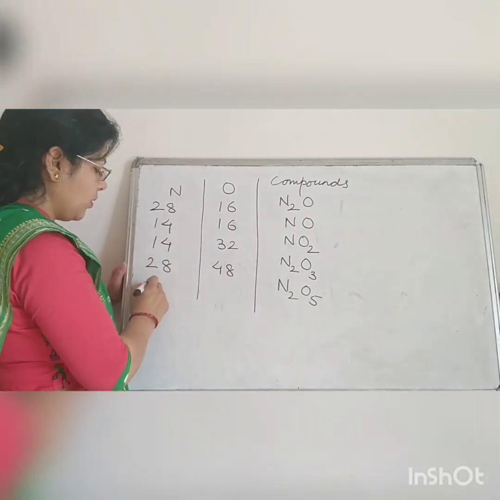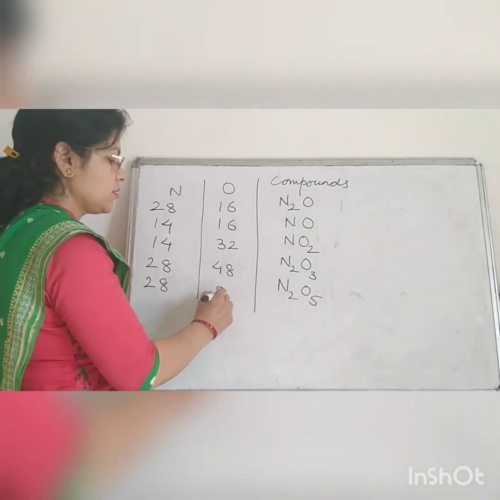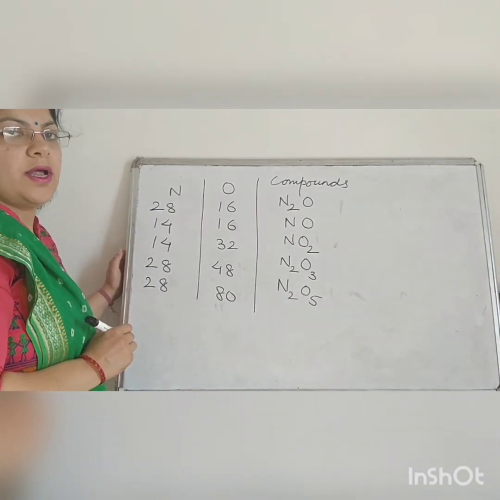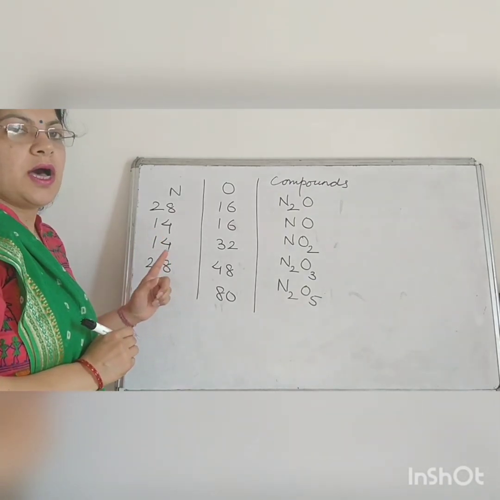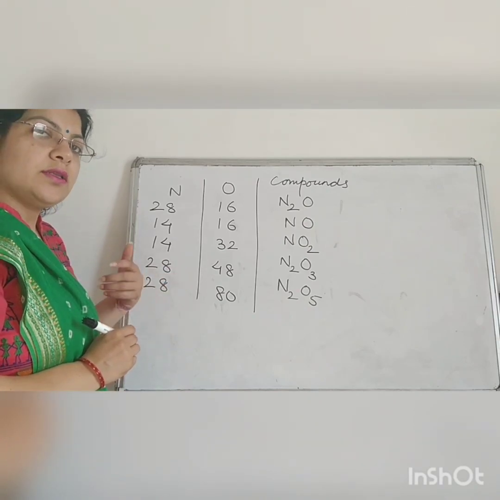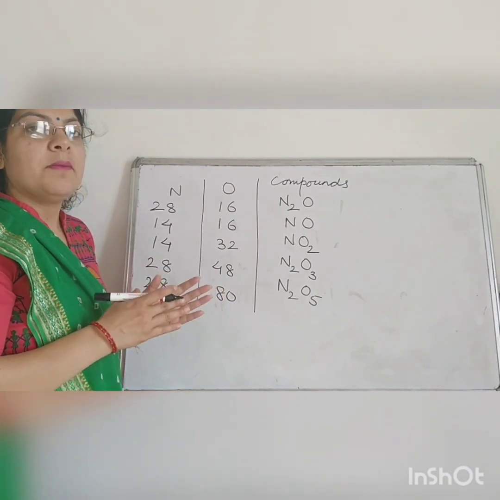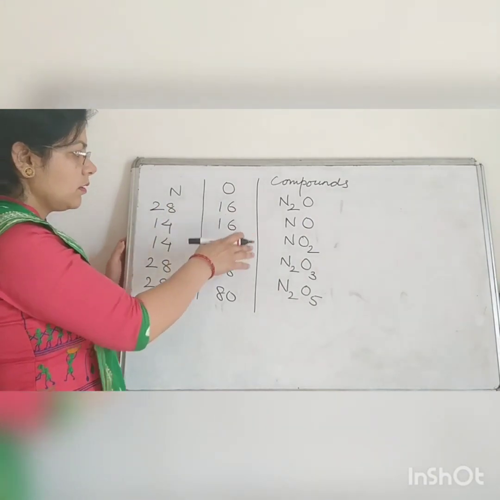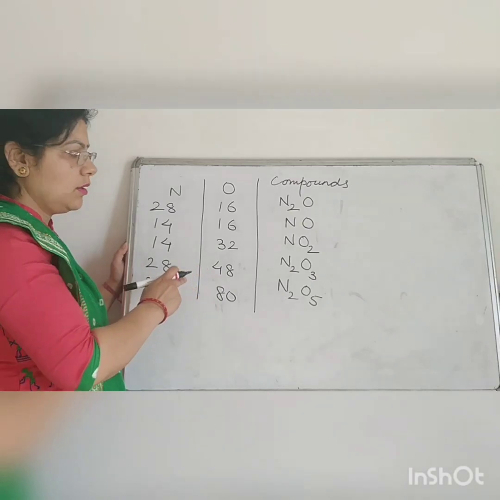And in the last compound, the mass of nitrogen is 28 and the mass of oxygen is 80. According to the law of multiple proportion, when we fix the mass of one element, then the masses of the other element which combine with the different masses bear the simple ratio.